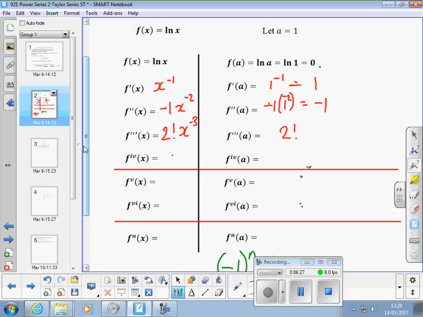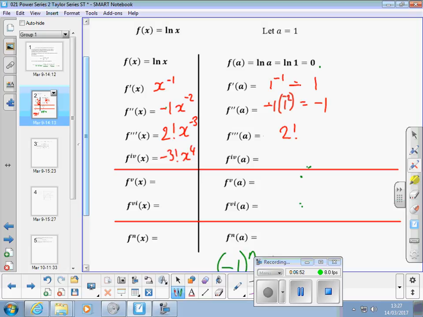So, this one is going to be, we've got to bring minus 3 down and multiply by 2 factorial. Or how could we better write the minus 6? Minus 3 factorial, x to the 4.